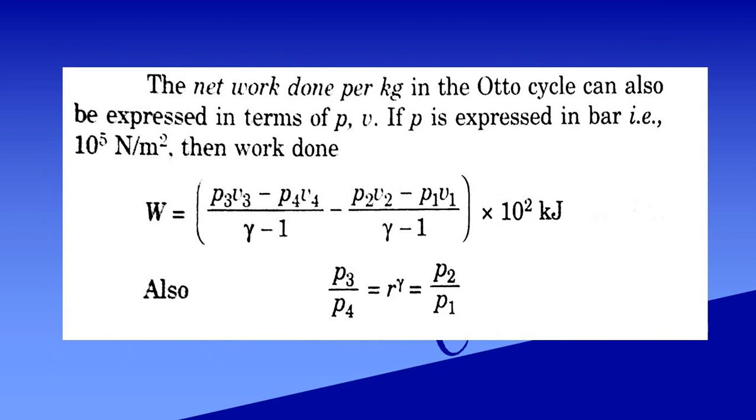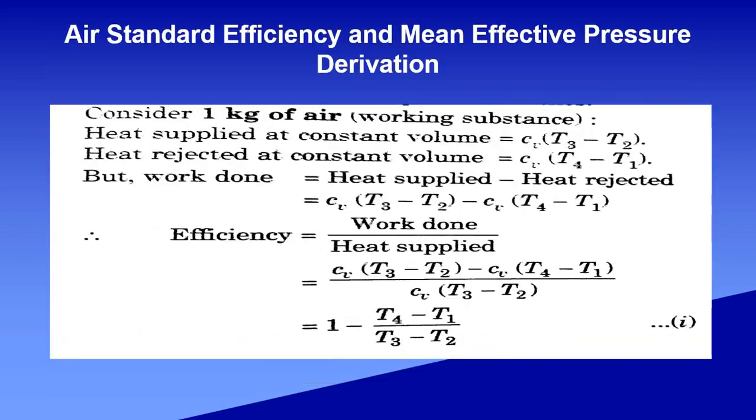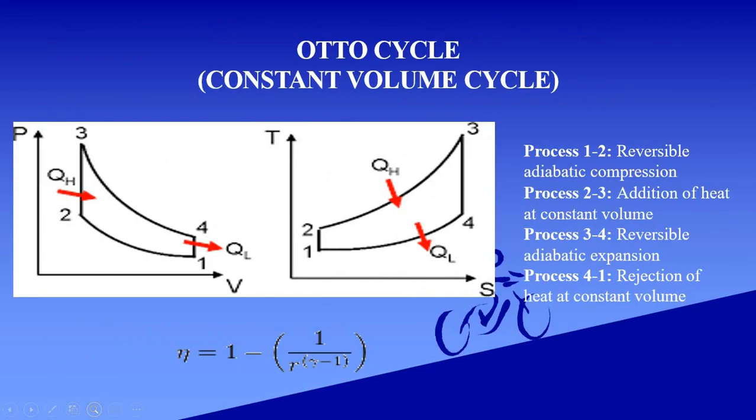And when you go for the mean effective pressure, it is given as the ratio between the work done and the stroke volume. We know in the PV and TS diagram, this area up to here is the clearance volume, and the total length from 1 to 2 is the stroke volume.